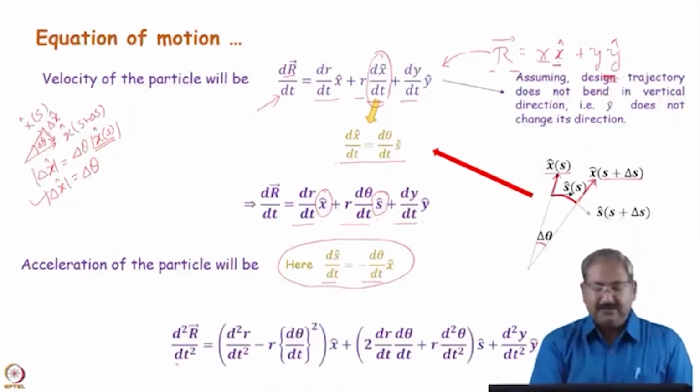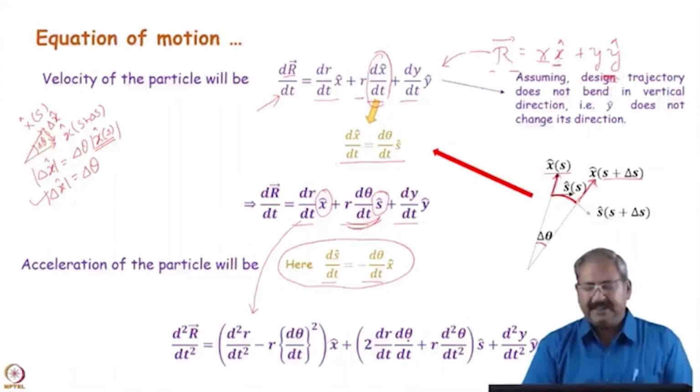So now we have the acceleration. This is the differentiation: d2r by dt square minus r (d theta by dt) square for x cap, and then the s cap coefficient will be 2 dr by dt d theta by dt plus r d2 theta by dt square.